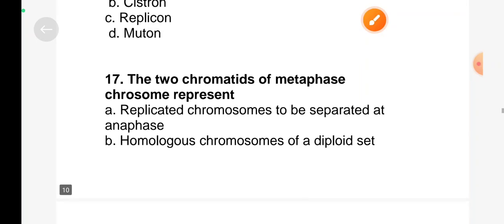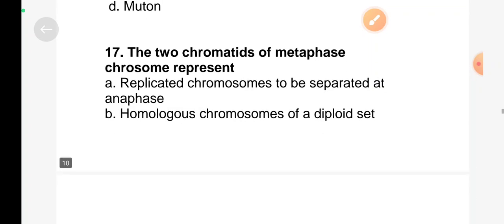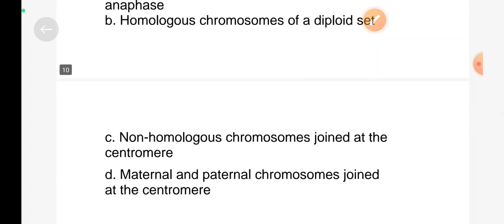Next question. The two chromatids of a metaphase chromosome represent: option A, replicated chromosomes to be separated at anaphase; option B, homologous chromosomes of a diploid set; option C, non-homologous chromosomes joined at the centromere; option D, maternal and paternal chromosomes joined at the centromere.